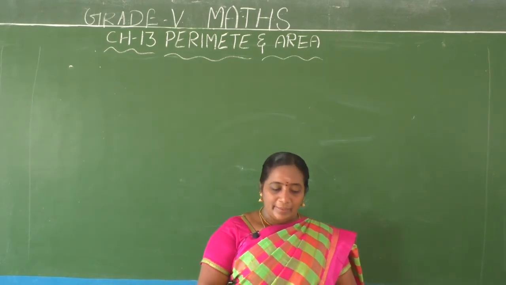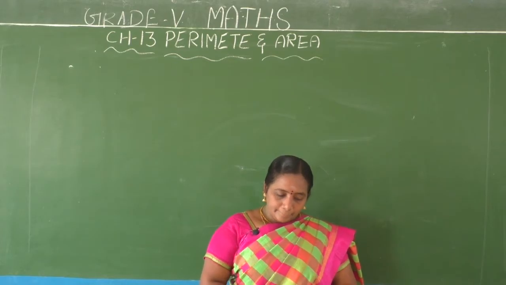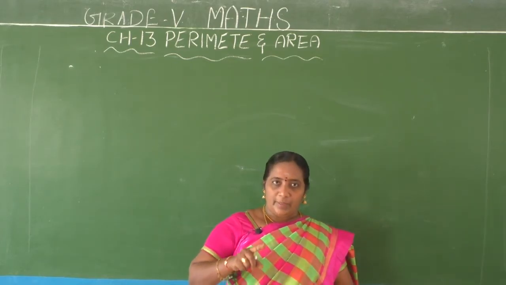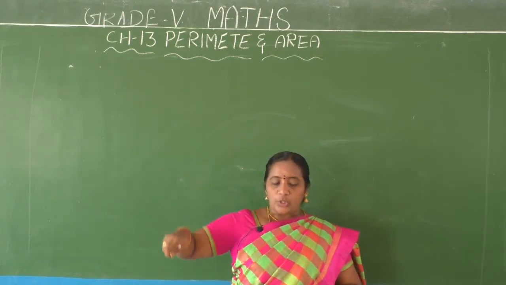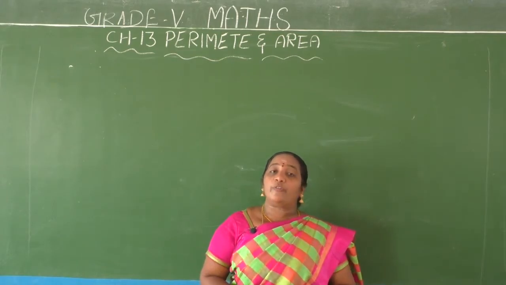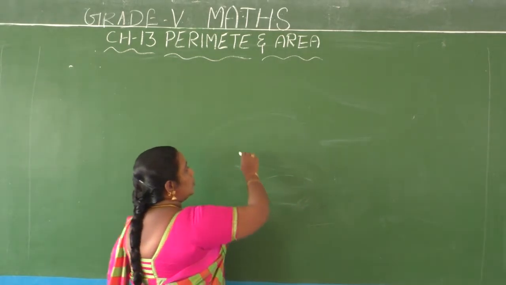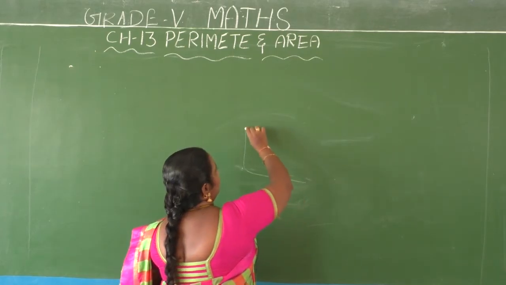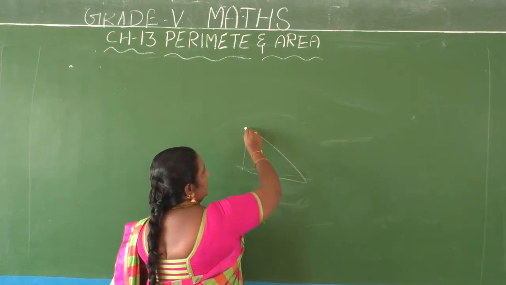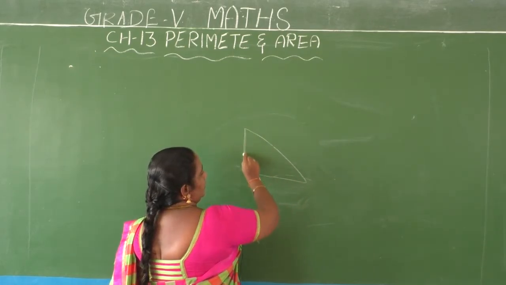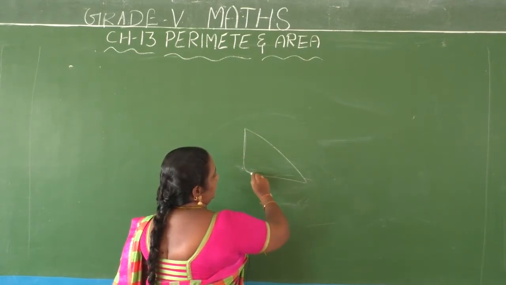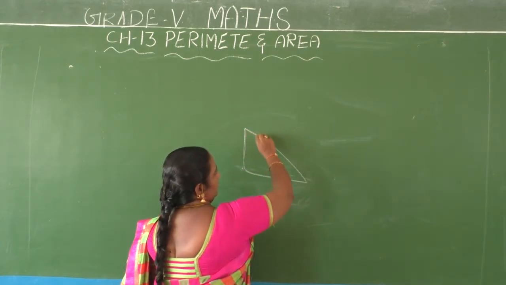Let us recall the perimeter. What is perimeter? Perimeter means, for a closed figure, the length of its boundary. See, it's a closed figure. Length, this side and this side.